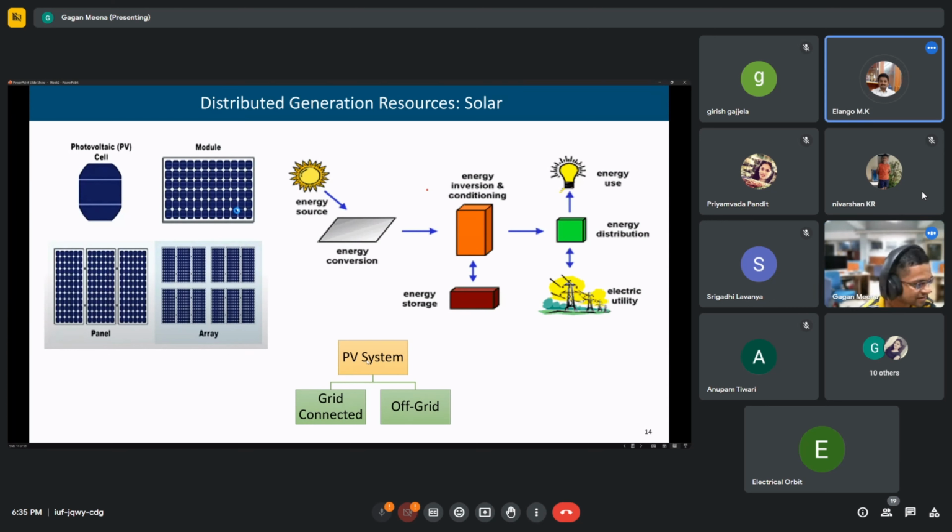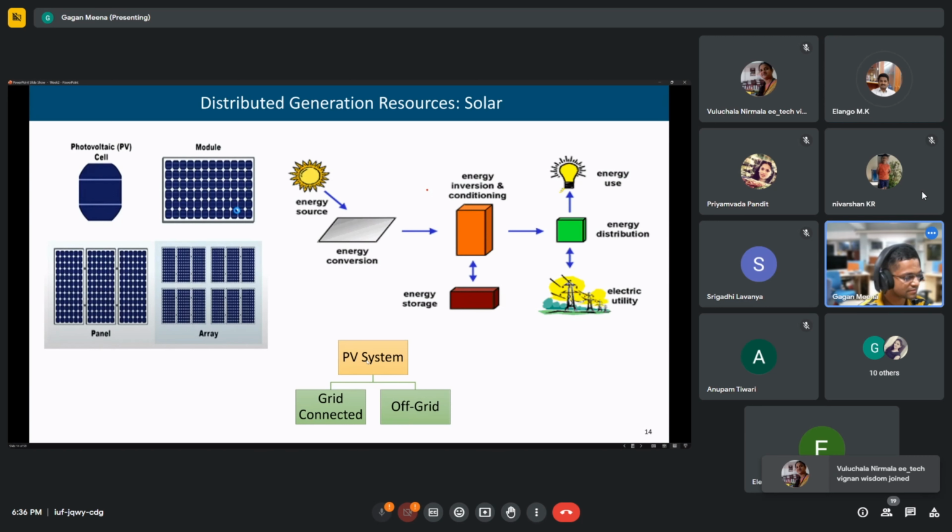Excuse me, sir, I have a doubt in photovoltaic cells. The photovoltaic module consists of 36 cells, comprising 9 columns of cells and 4 rows.